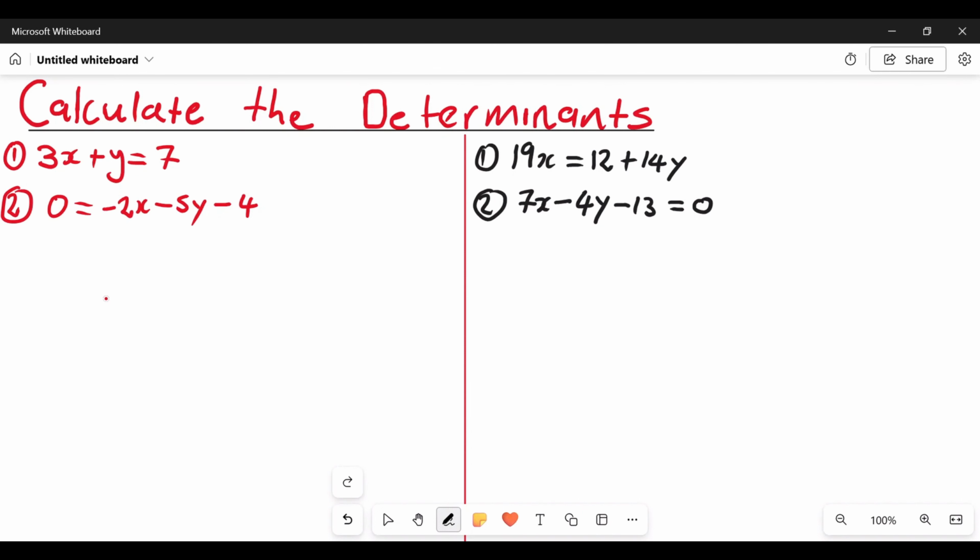All right guys, so let's start with the set of equations on the left here. Now let's look at equation 1. Equation 1, we don't need to rearrange it because it is in the order where we want it to be.